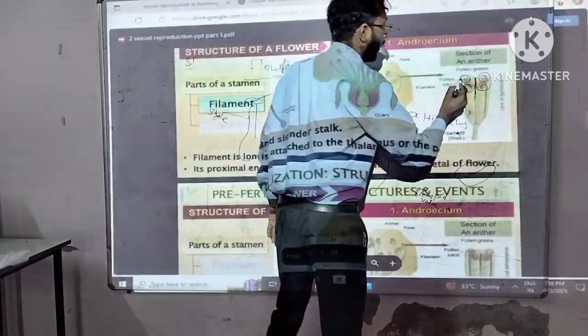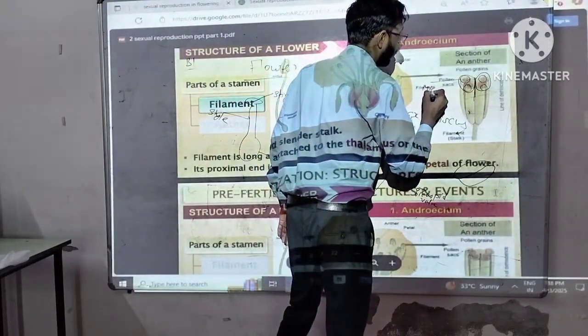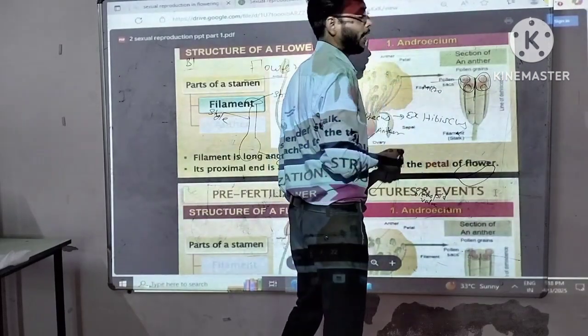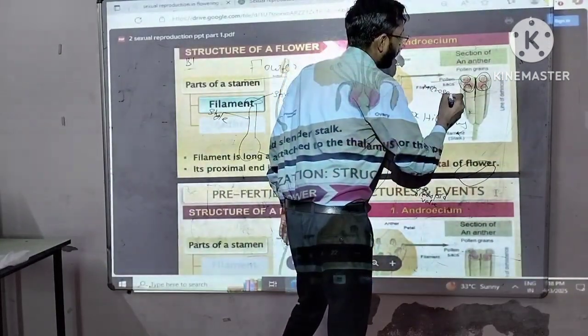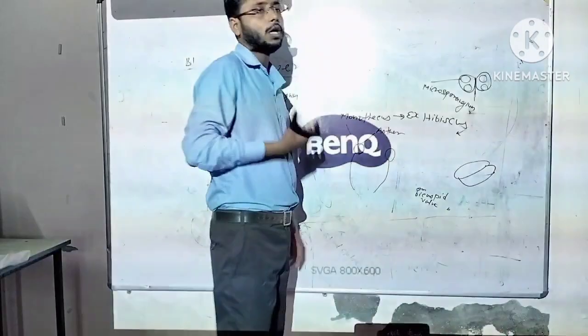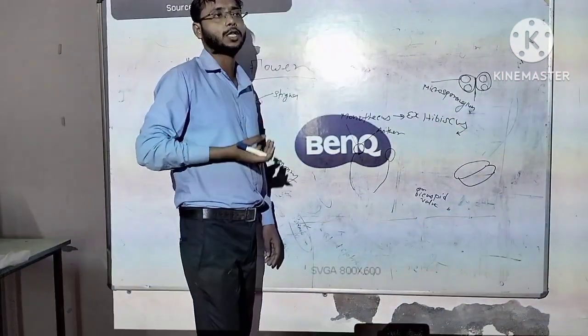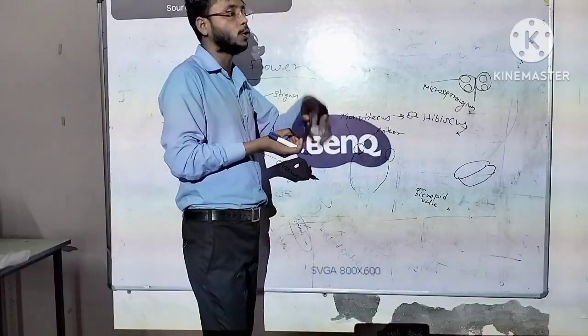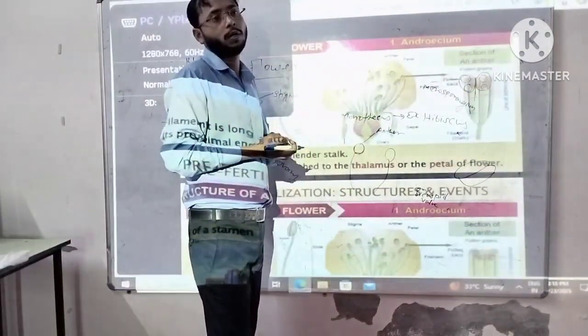This is known as microsporangia. What do you mean by sporangia? Sporangia are the organs, the parts of the plant where spores are produced.